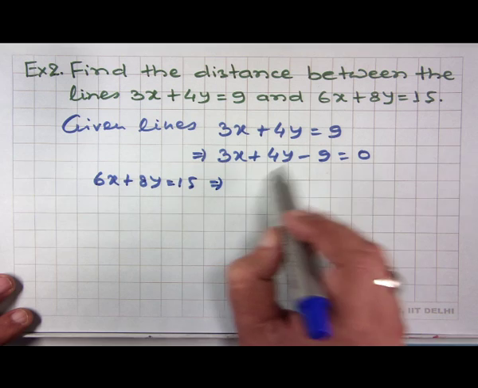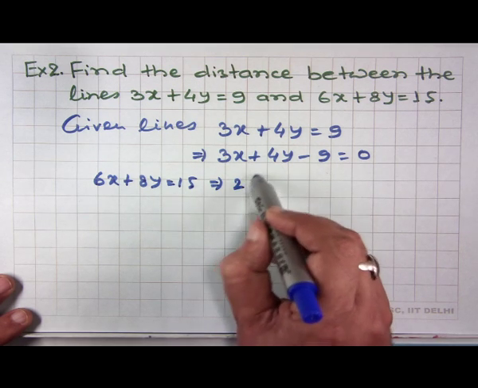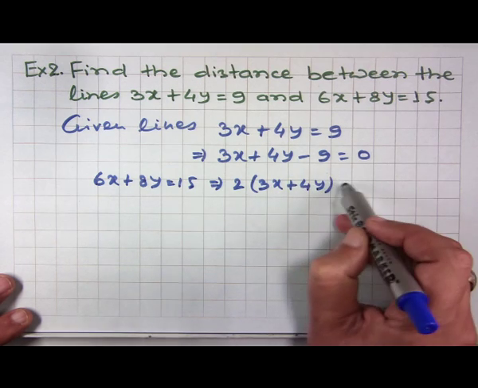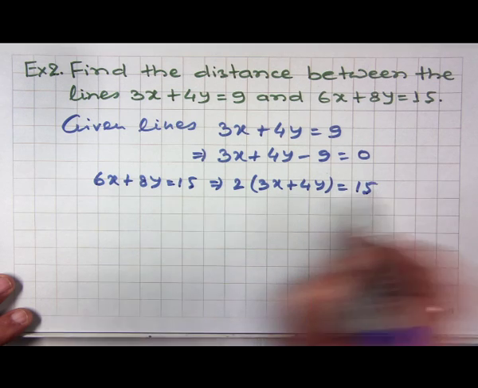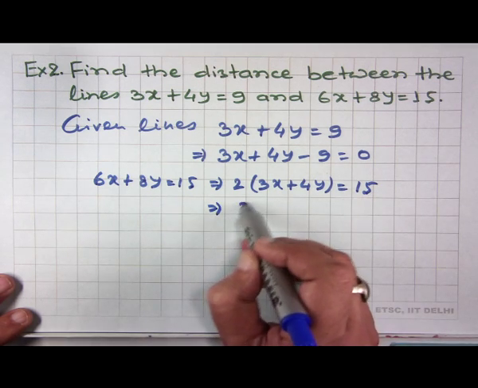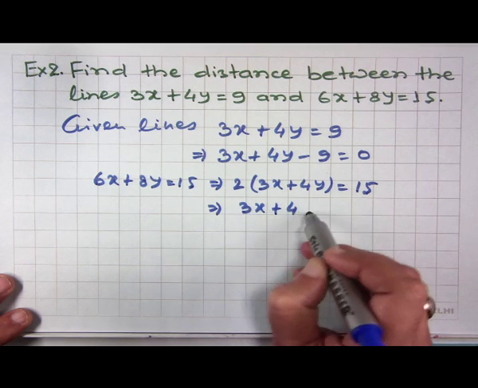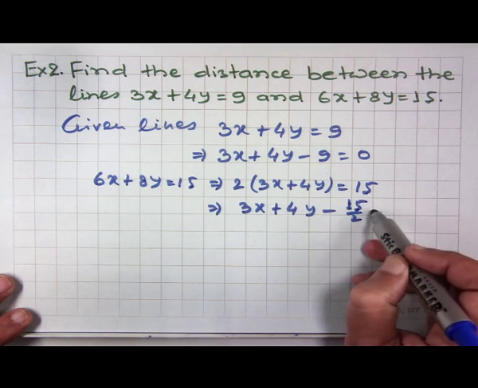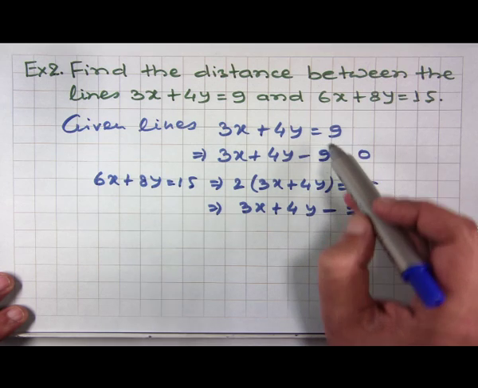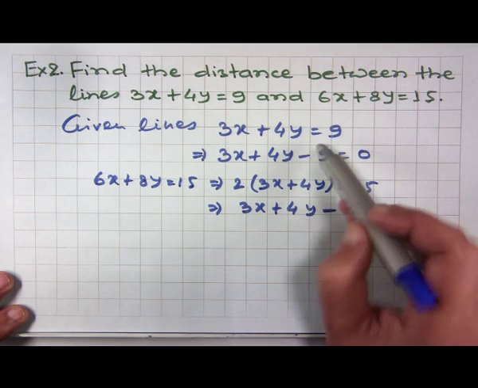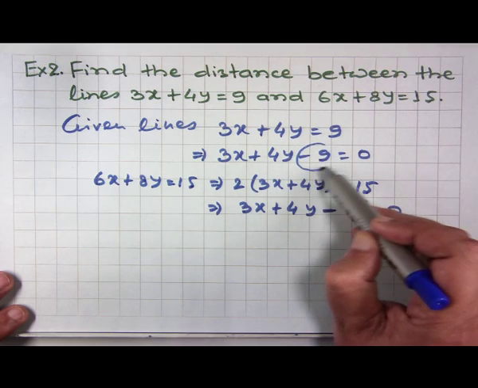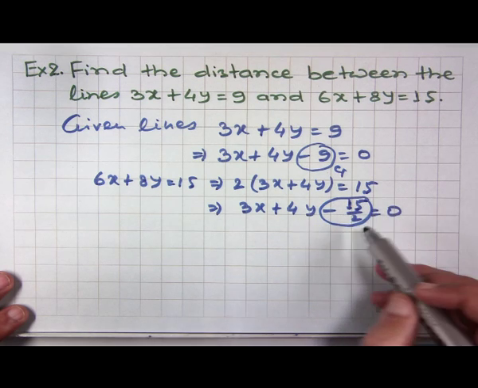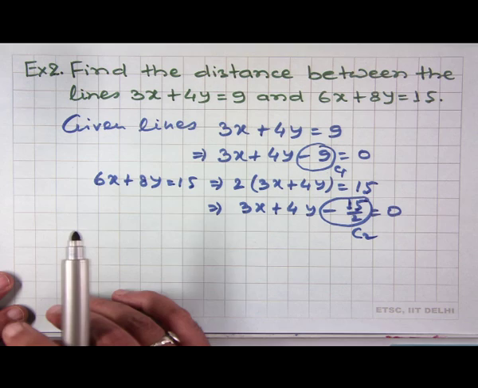Taking 2 common, we can write this as 3x plus 4y minus 15 by 2 equal to 0. Here minus 9 is C1 and minus 15 by 2 is C2.